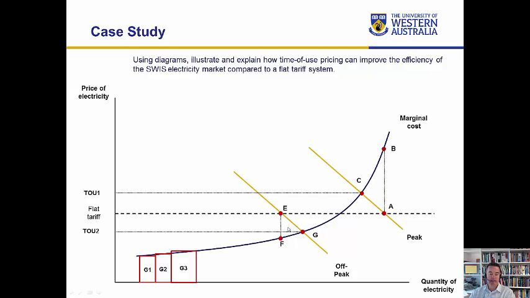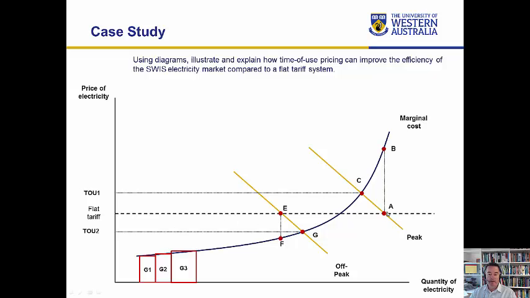And the explanation goes like this. Under a flat tariff, and really this explanation is hinting at the fact that with time of use pricing, because we can actually move to an equilibrium price in both peak and off-peak times, we're going to get a more efficient solution.